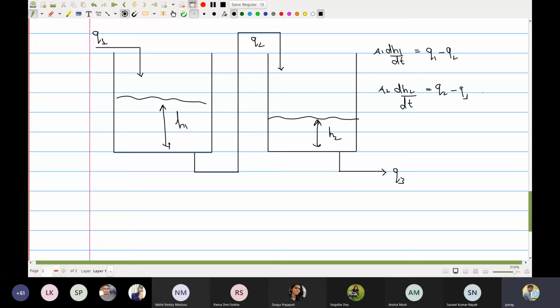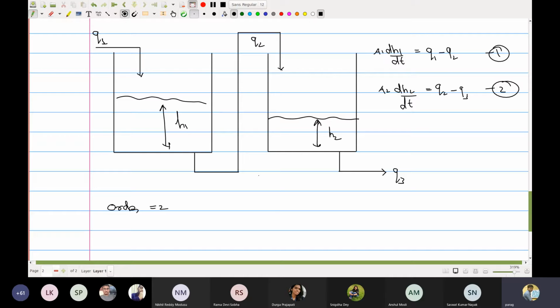Now I have two governing equations. The first equation which is given here and the second equation which is given here. So the order of the system is 2, because I have two governing equations.